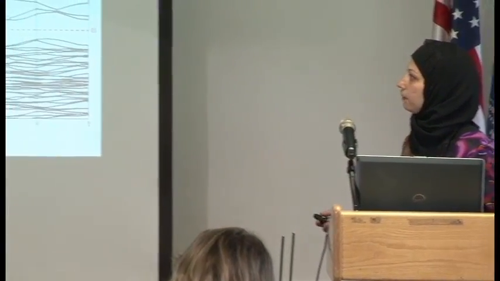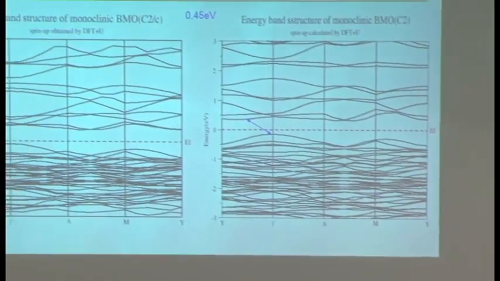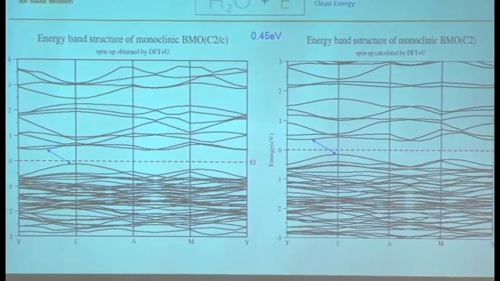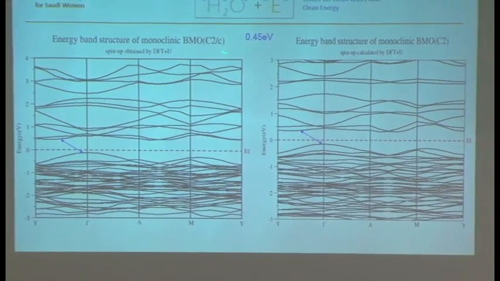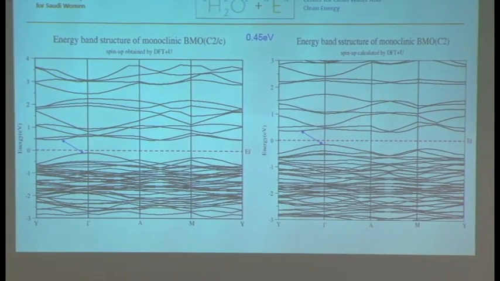We've done the calculation and we plotted the energy band structure. And as you can see, the band gap opens up to 0.45 electron volts, which is in good agreement with the previous calculations of about 0.5 electron volts.